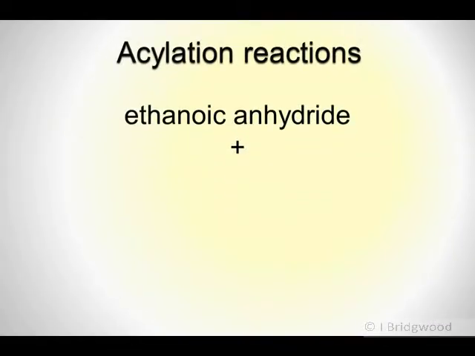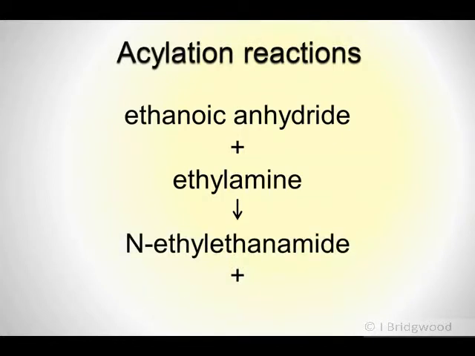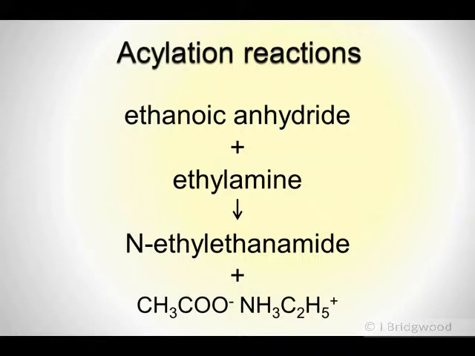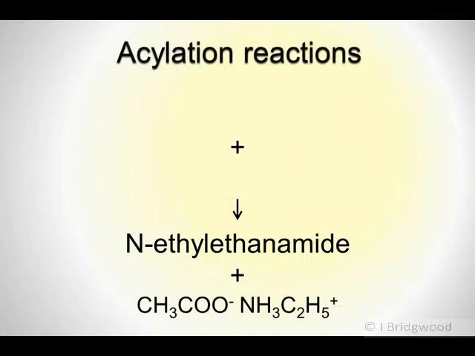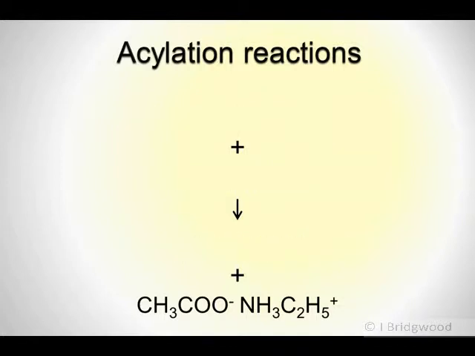And finally, ethanoic anhydride plus an amine is going to give you a nitrogen substituted amide plus the alkyl ammonium salt of the carboxylic acid. And I will leave you to fill in the empty spaces.